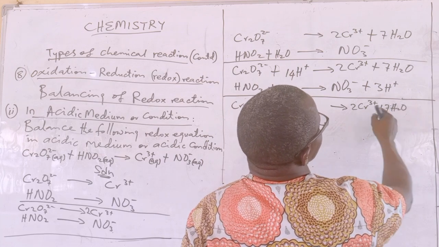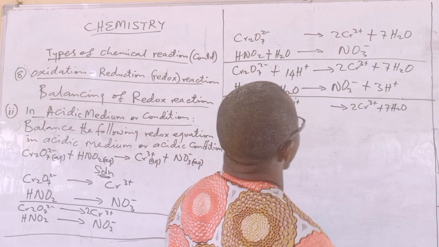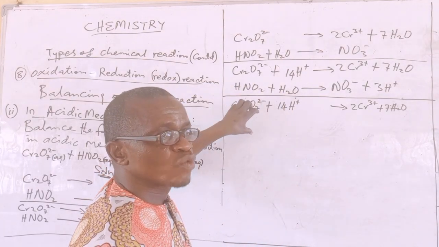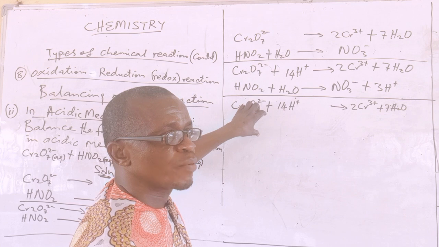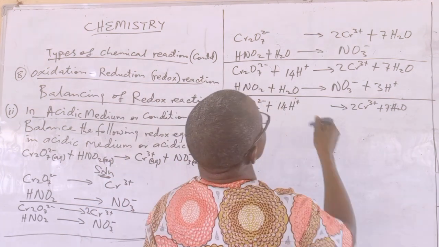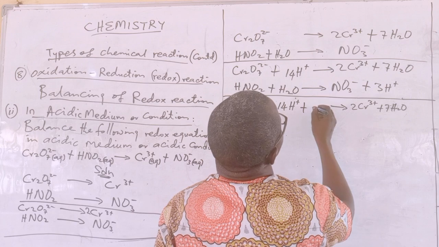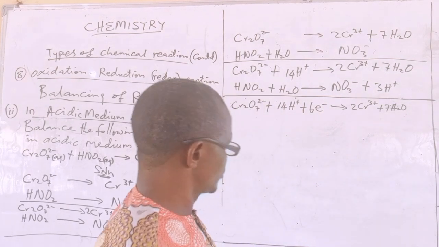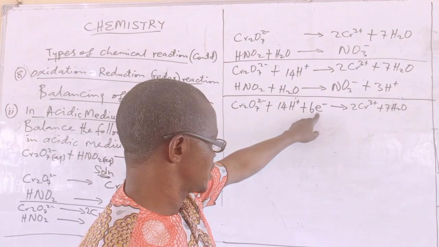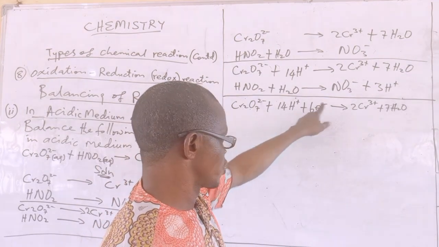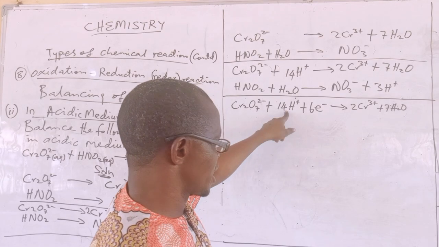No charge here. So 6 will cancel out itself. Cancel out 6 from the 12 that we had. So how many pluses are we left with in this side? 6. So I will now say plus 6 electron. That e is electron, 6 electron, so that the 6 minus will neutralize the 6 plus left.